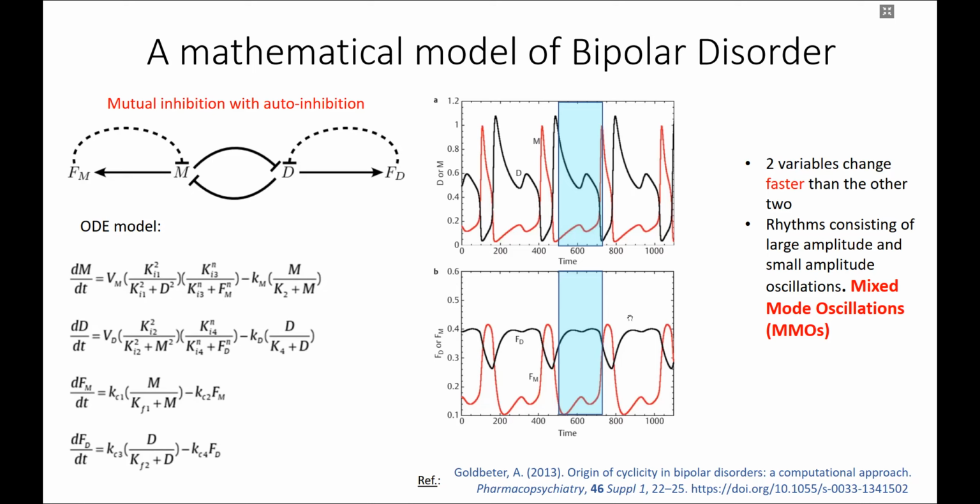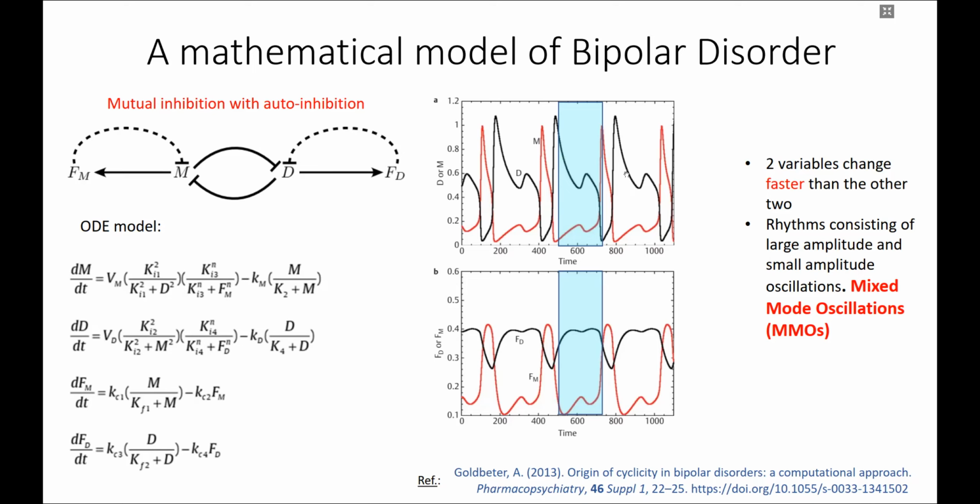Two important pieces of information that we can get: in this time sliding window, judging by the slopes of the time series, we can see that M and D change faster than FM and FD, so we can hypothesize that M and D are fast variables, and FM and FD are slow variables.